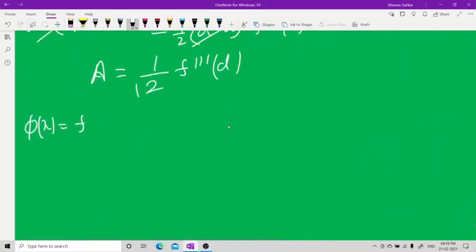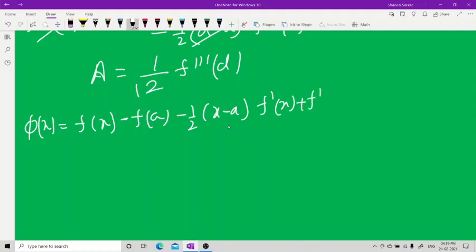Wait a minute, phi(x) is f(x) minus f(a) minus half (x minus a) (f'(x) plus f'(a)), then you have your a is plus 1 by 12 (x minus a) whole cube f'''(d).